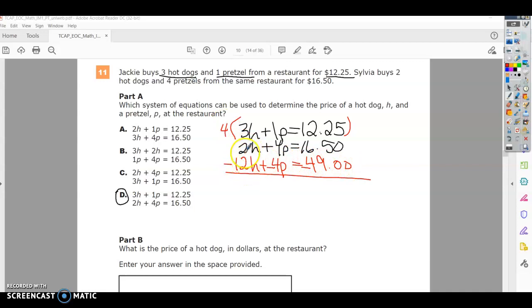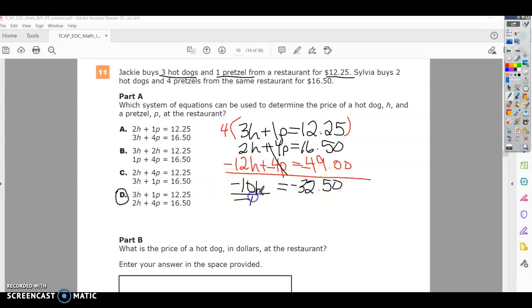So now I can add these two together, and that will cause my p's to eliminate. So 2h minus 12h is -10h. 4p and -4p cancel, which is what we want. And then we've got 16.50 minus 49 is -32.50.